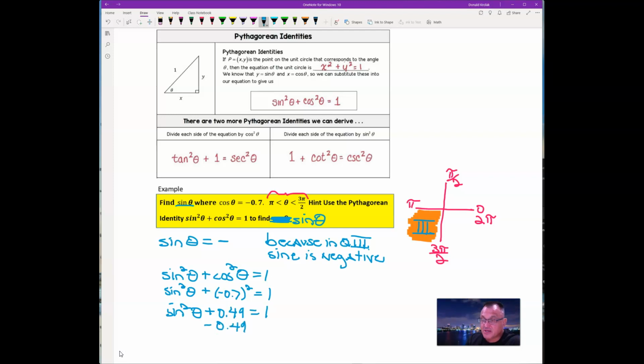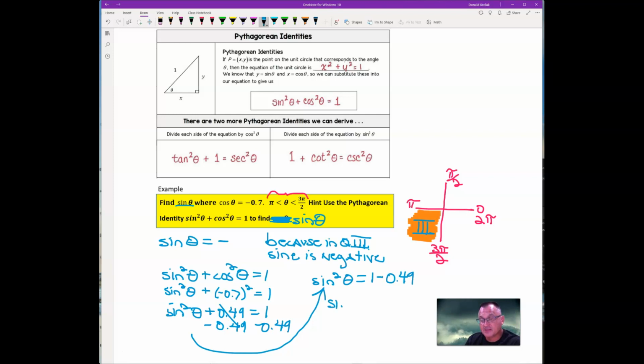Now get sine by itself, so subtract. I get sine squared of the angle equals 1 minus 49 hundredths.